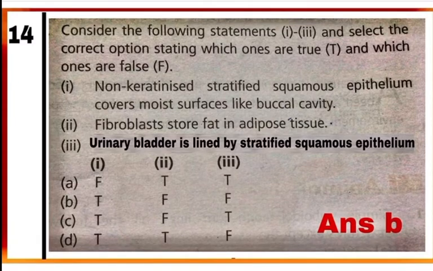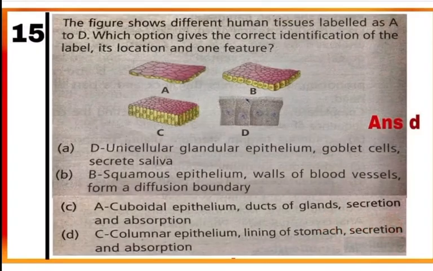Urinary bladder is lined by transitional epithelium and is known as urothelium. It is a type of stratified epithelium where cells have property to stretch. So, mark B as a correct answer. Statement 1 is true, statement 2 is false, and statement 3 is also false.